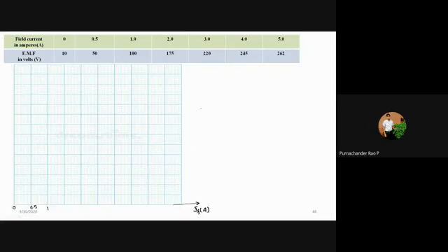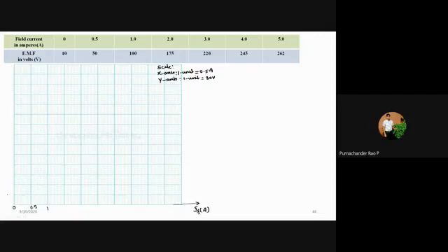Now I will assume the scale: on the x-axis, 1 unit is equal to 0.5 amperes, and on the y-axis, 1 unit is equal to 30 volts. So this is the scale I assume.